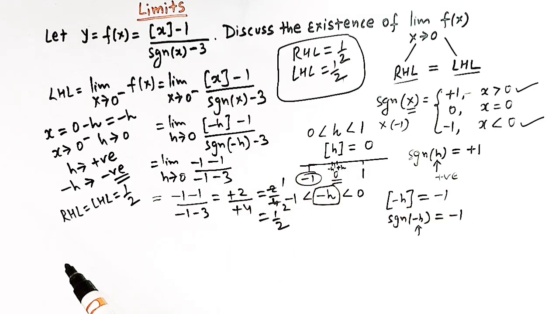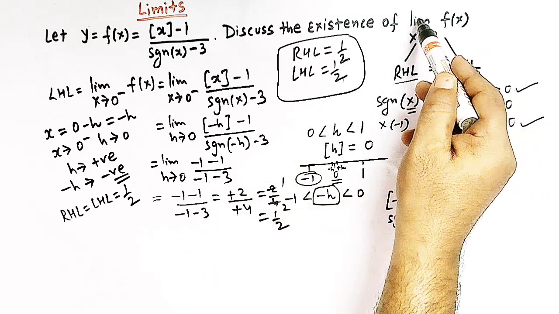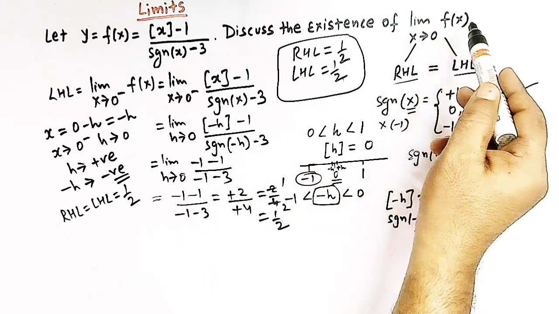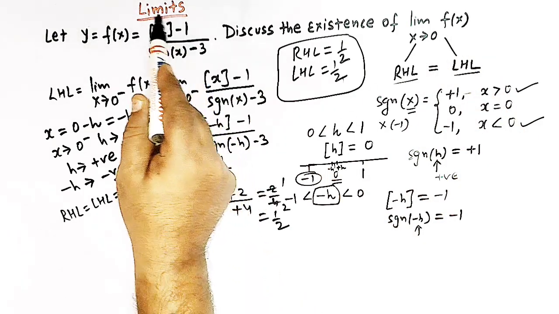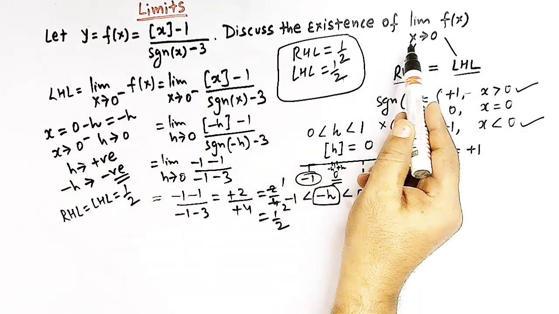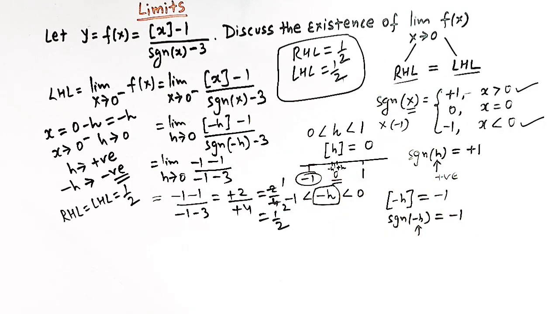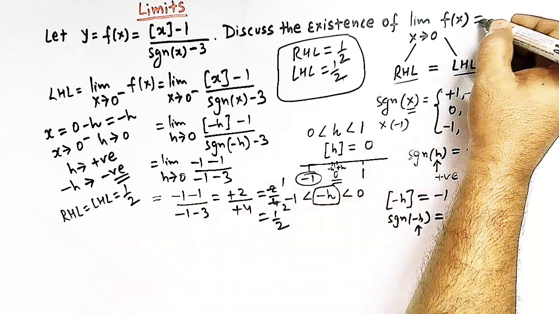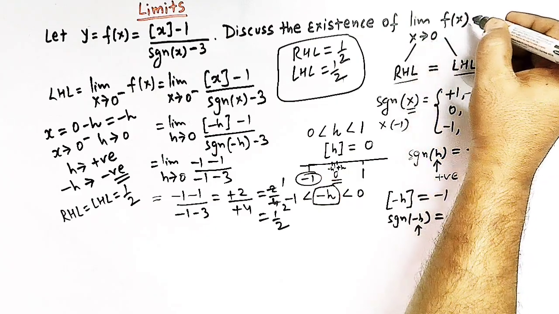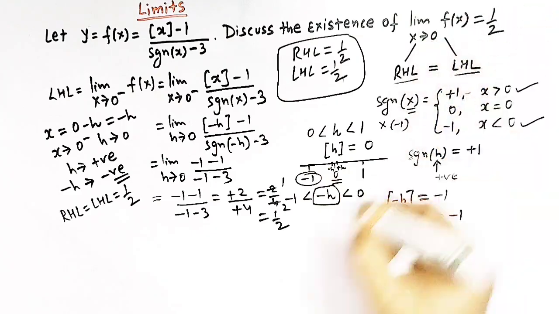So we can now claim that the limit x tends to 0, f of x exists, and the limit of this function when x approaches to 0 is equal to half. So the value of limit x tends to 0, f of x is equal to half.